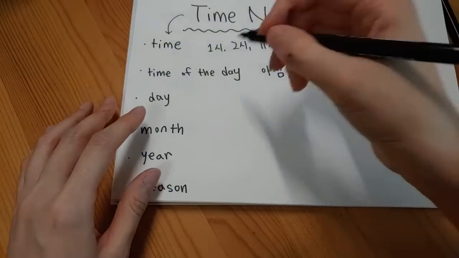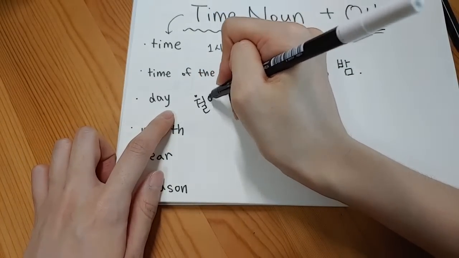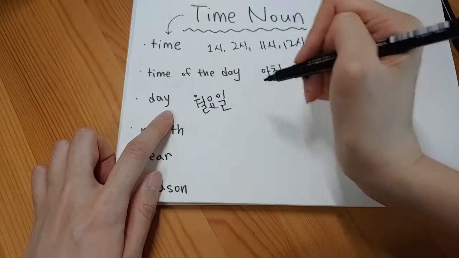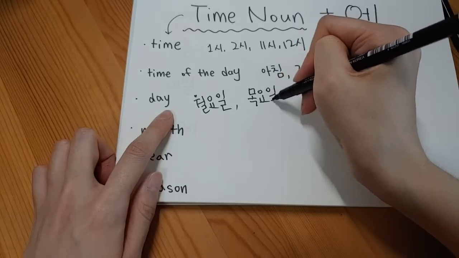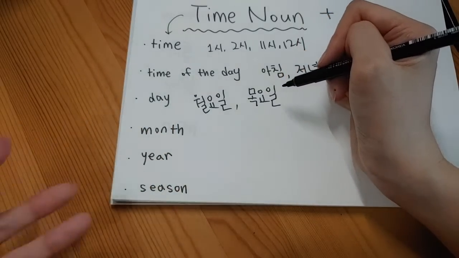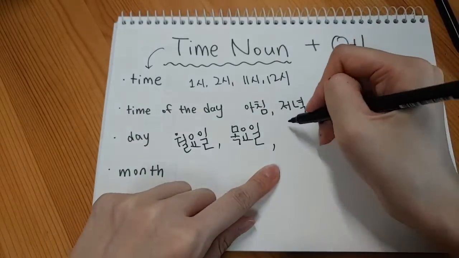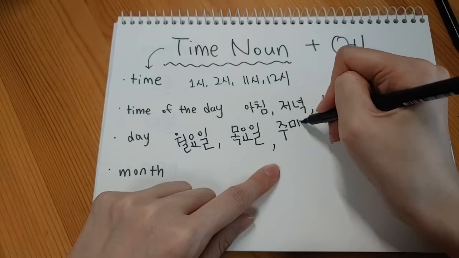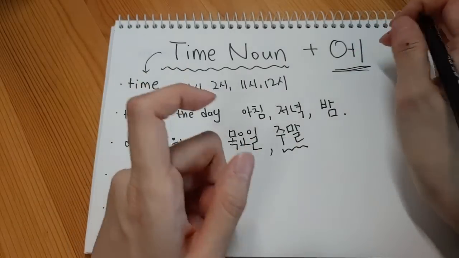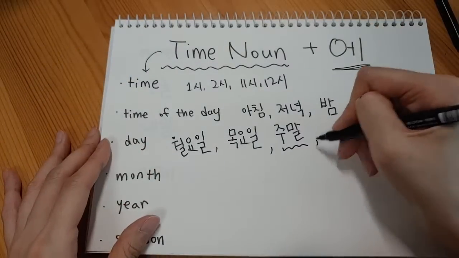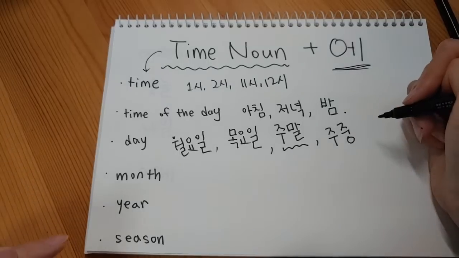And it can also be followed by a day. So today is 월요일 in Korea. Monday or 목요일. 목요일 is personally the busiest day for me. So 목요일 means Thursday. Or you can also say 주말. So 주말 means weekend. So when you say 주말에, it means on weekends, over the weekend. And if you want to say on weekdays, you can say 주중.